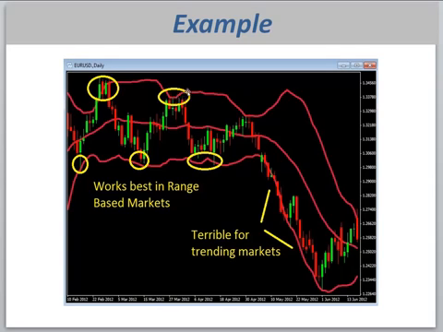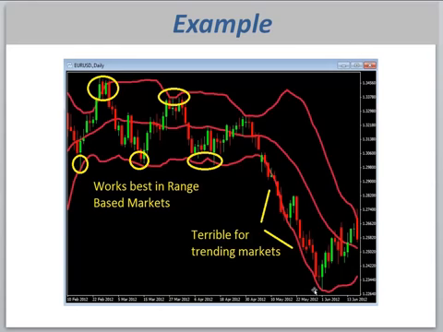You can see it worked out pretty well in the beginning of this chart, but it didn't do so well later in the chart, where it kept falling and falling even though it was oversold, and it kept getting more and more oversold. Just because something's oversold on the Bollinger Bands doesn't mean it will not continue to go down.